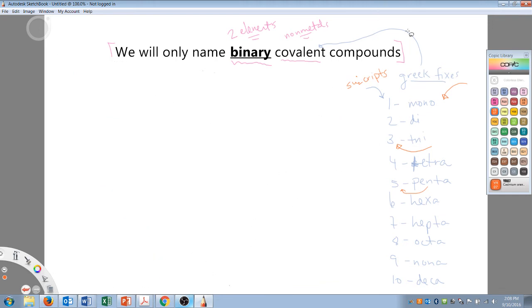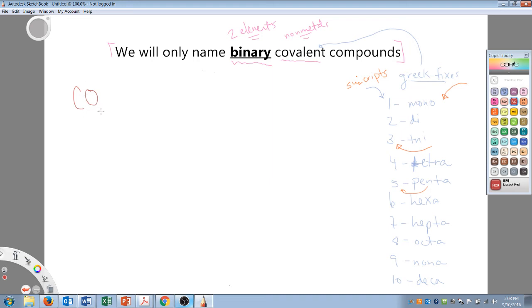Okay. So let's take a look at this compound, CO. We've mentioned this compound before in class, right? We've maybe seen it before. It has some health concerns, and it's sort of a popular compound.